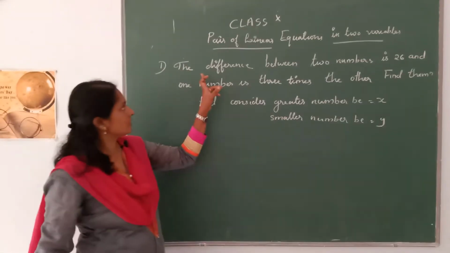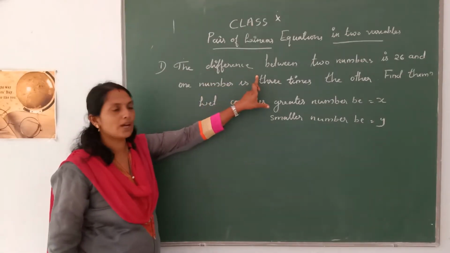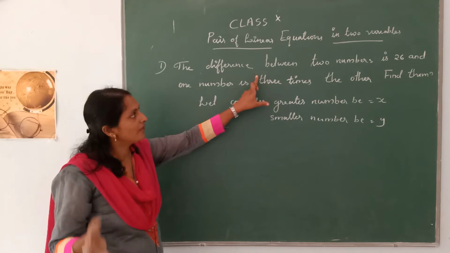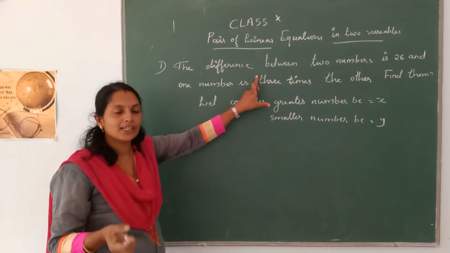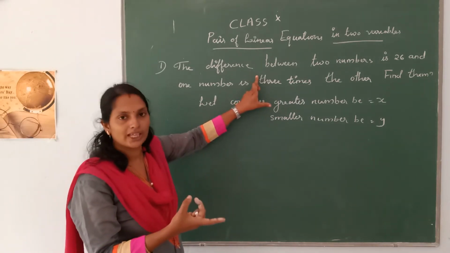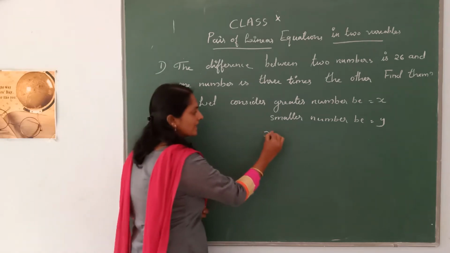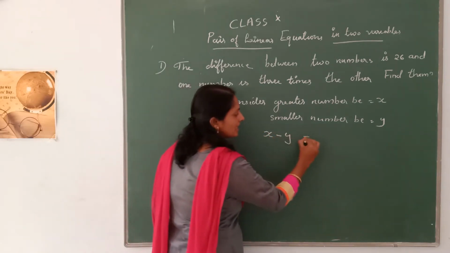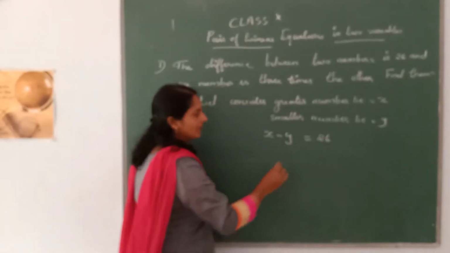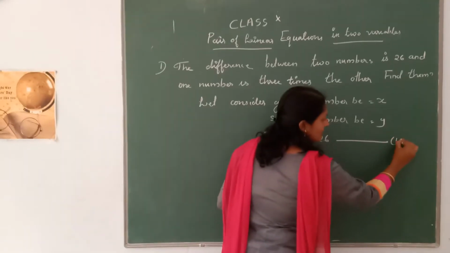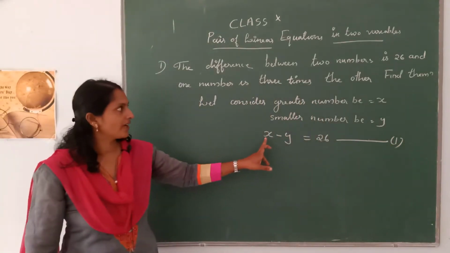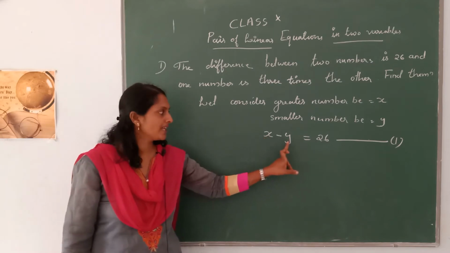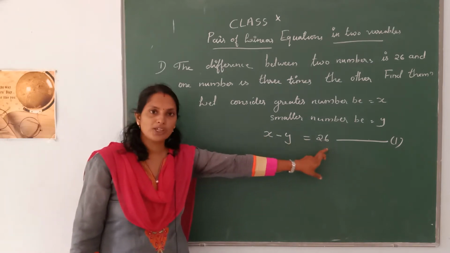Then according to this question, the difference between two numbers: when we find the difference, first you subtract the smaller one from the greater one, that is x minus y equal to 26. Put this as equation number 1. The difference of two numbers, that is x minus y equal to 26.